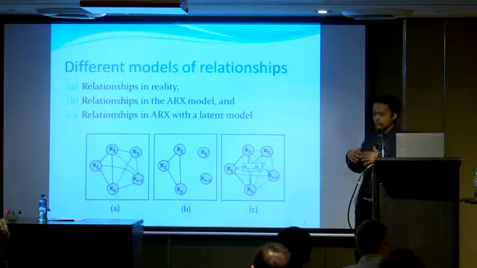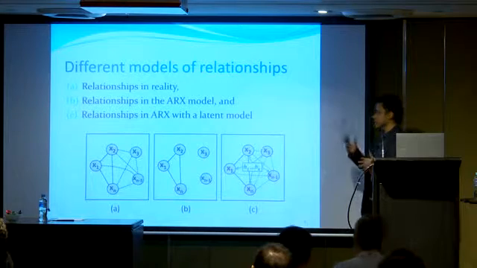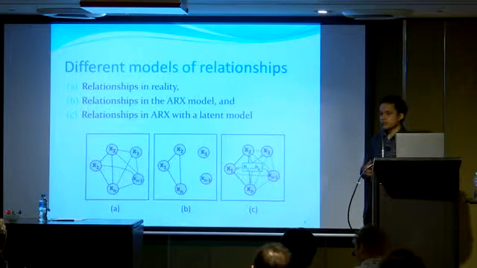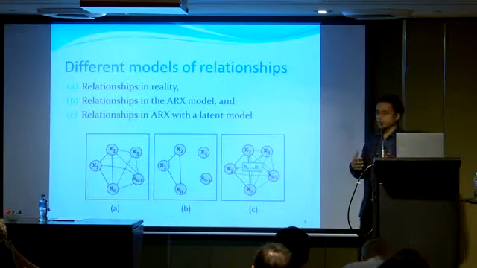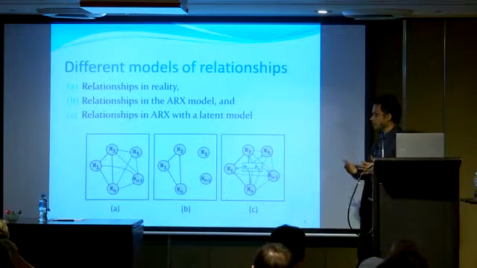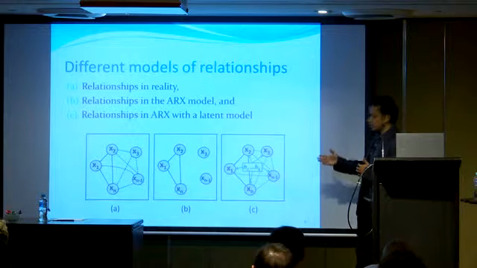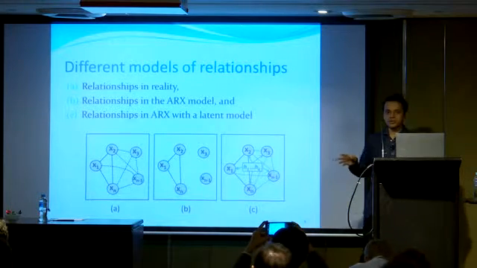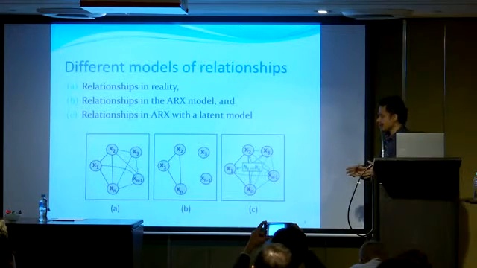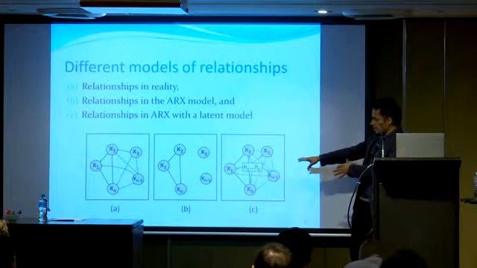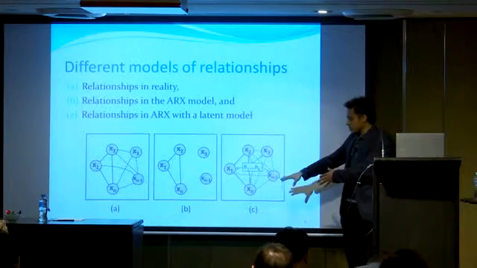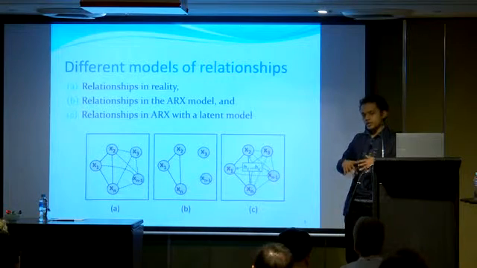Typically, most of the previous works, such as the ARX model, would employ linear methods and try to find direct relationships. For example, here x1, x2, and xn could be three different sensors measuring three different quantities, and ARX could only find the direct relationships. But what we're interested in is also what we call indirect relationships.